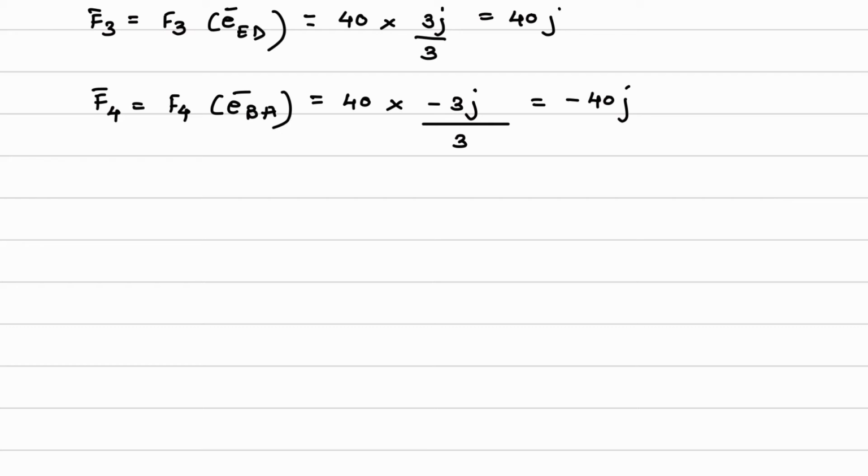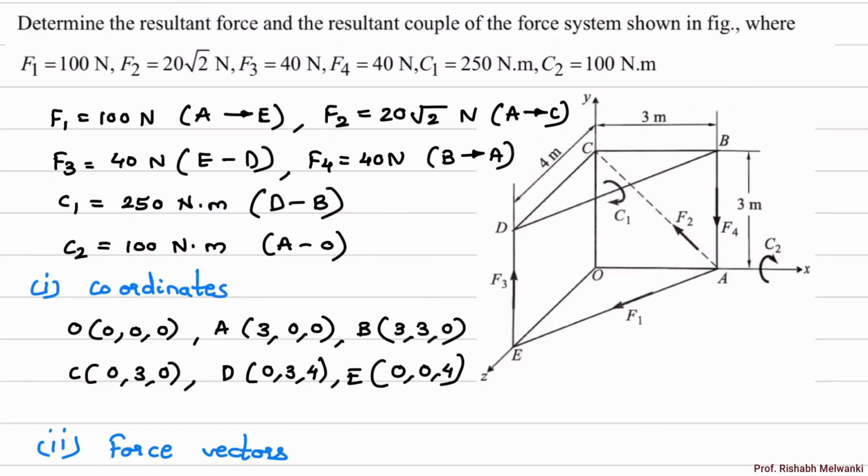Next we have to find the couple vector C1. This will be the magnitude of the couple into the unit vector. This unit vector direction for C1 we get from the right hand thumb rule. What is the direction of C1?